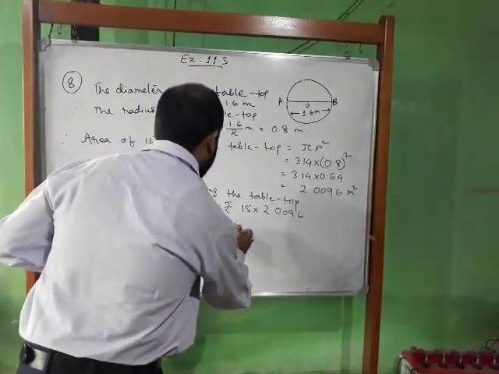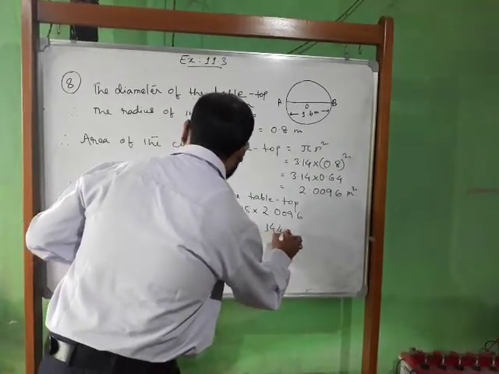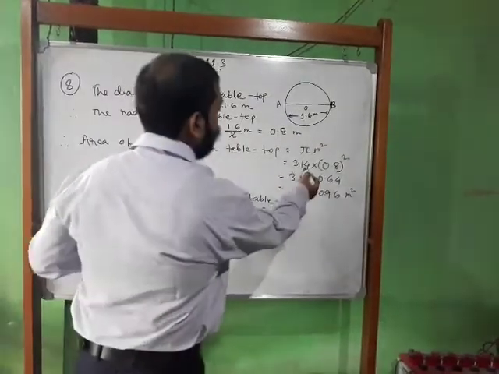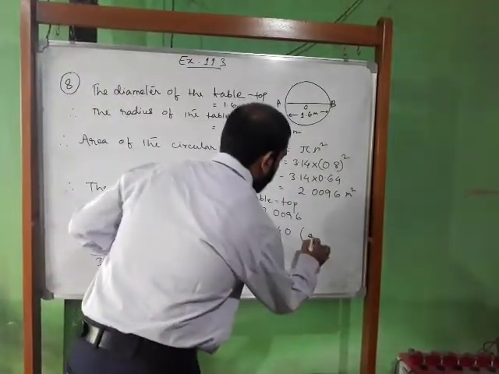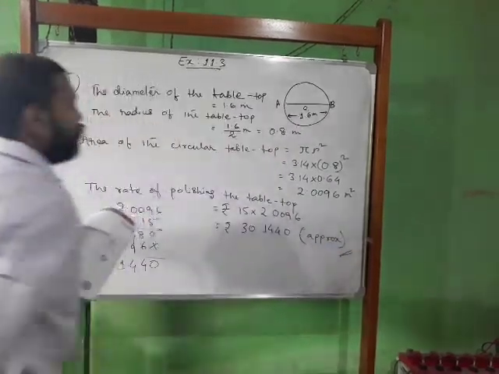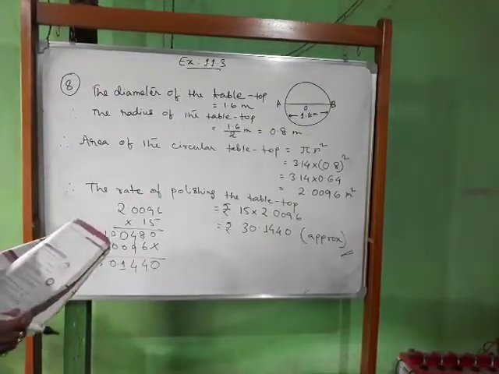The answer is 30.1440. Since the pi value is approximate, we can write approx here. So this is our answer, rupees 30.1440.